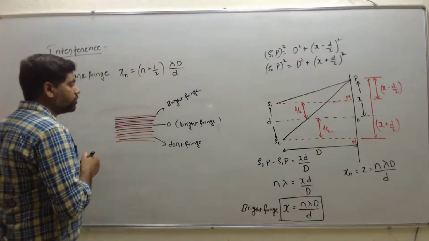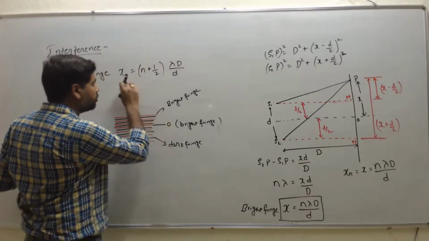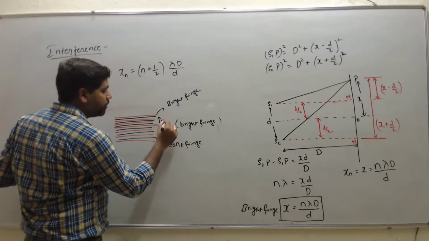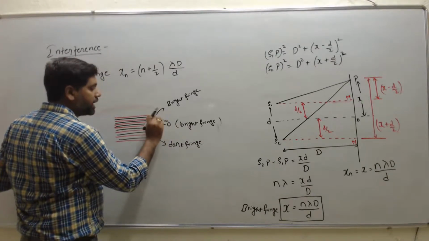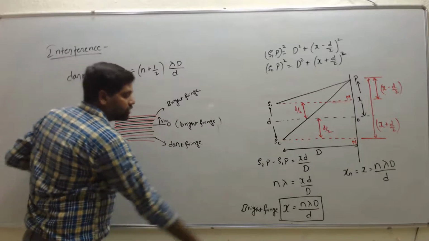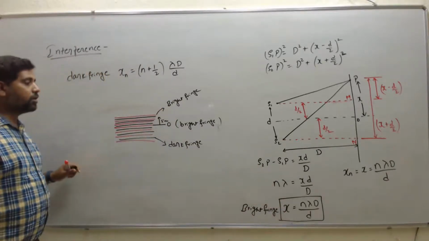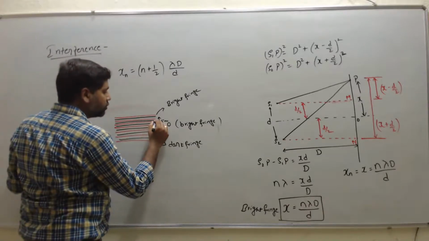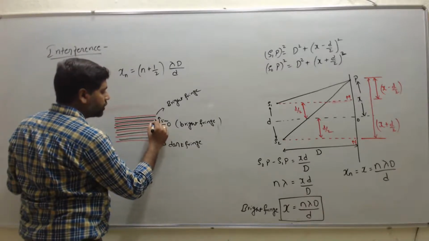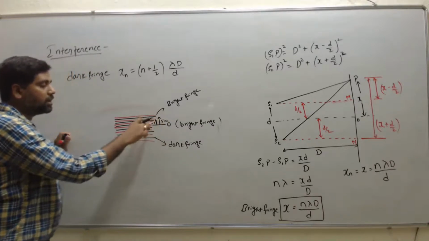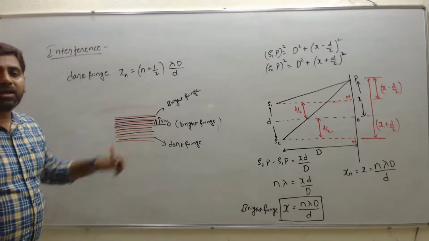So if the x value is 5, then from here to here the value is 5 meters, and from here to here we get one dark fringe. This is the position x for the bright fringe. If we consider the x value is 3, then at 3 meters from the center we get one bright fringe.